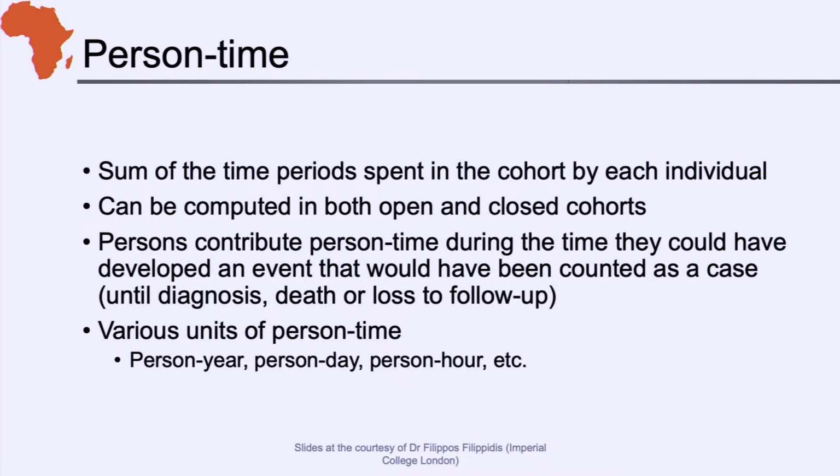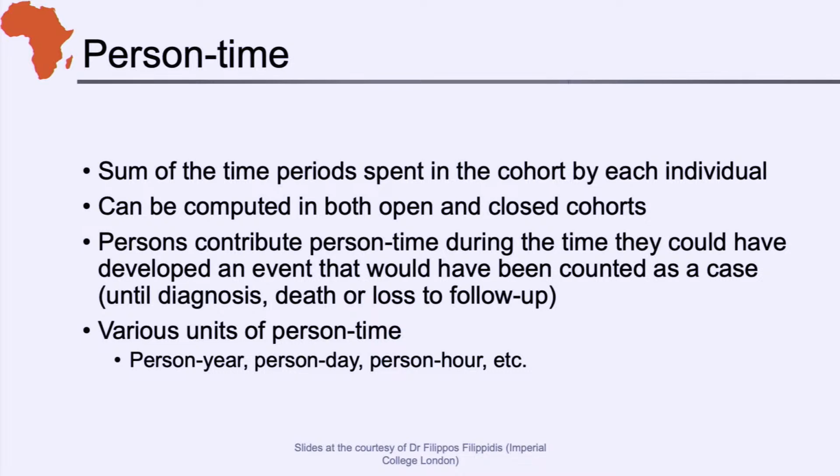Persons can contribute person time during the time they could have developed the disease. So say at any time in the classroom you are able to develop CSD, the sleeping disorder, yeah? Until diagnosis, death, or loss to follow up.